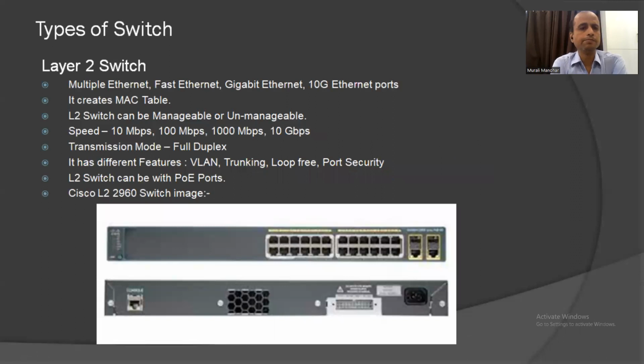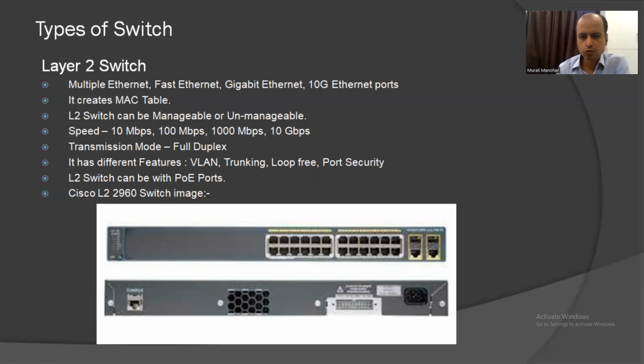Now see, first of all, have a look at the picture of the layer 2 switch. This is a picture of Cisco Switch 2960. This is the front panel of the switch, and this is the back panel. In the front panel, there are 24 fast Ethernet ports, and the rest 4 are gigabit Ethernet ports.